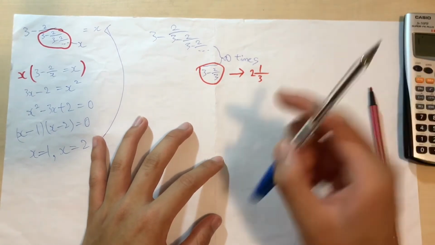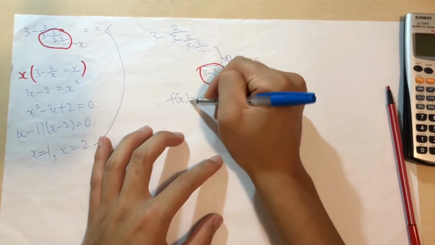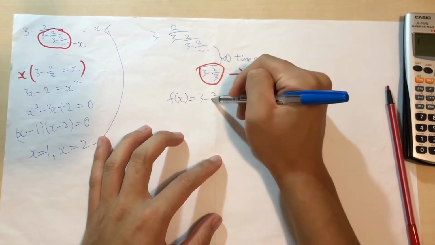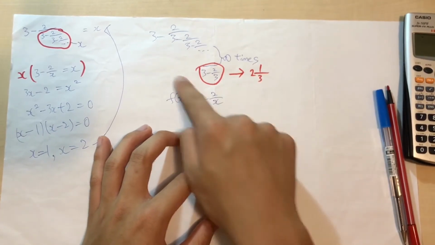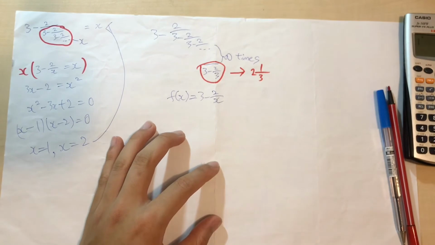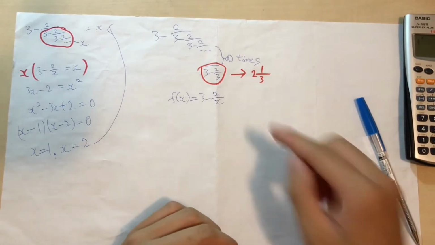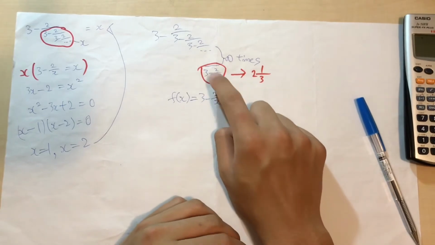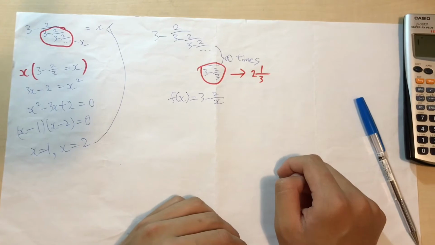So let's see. Now our function is 3 minus 2 over x. Every time we loop this, let's see. The first time we do 3 minus 2 over 3, we get 2 and 1/3.